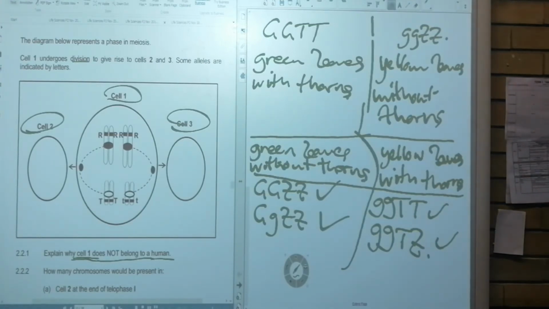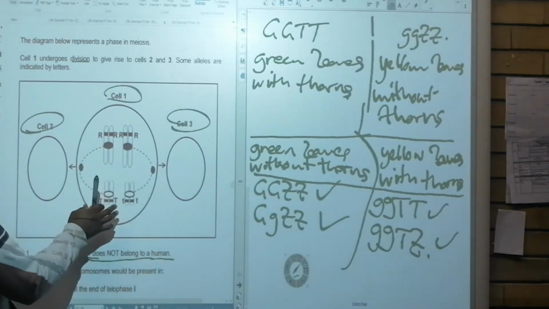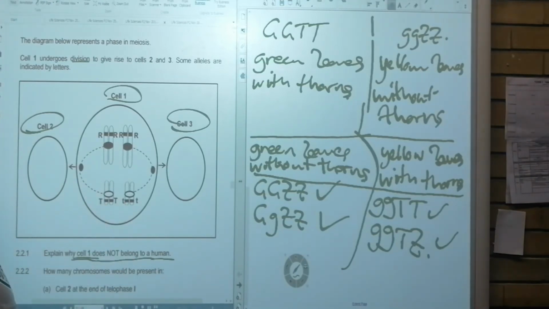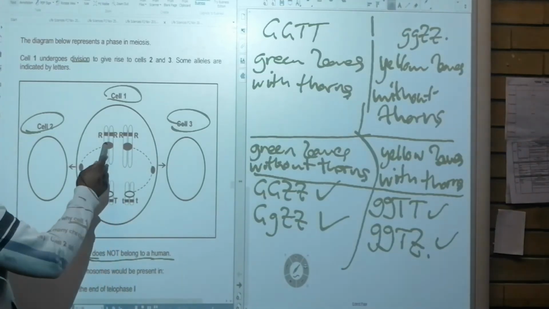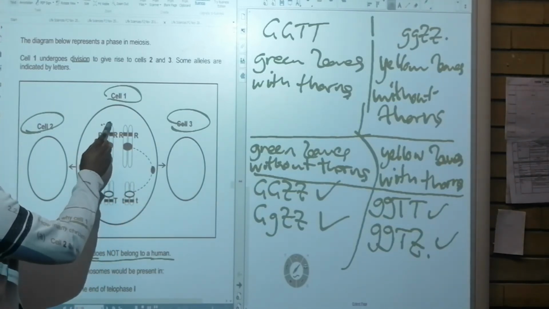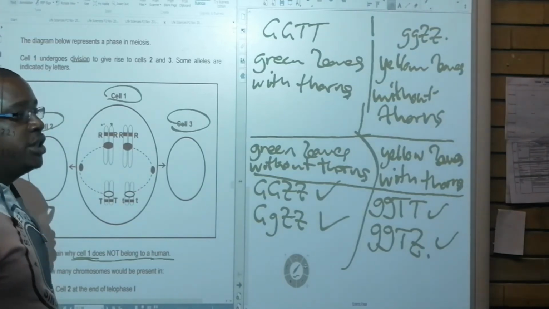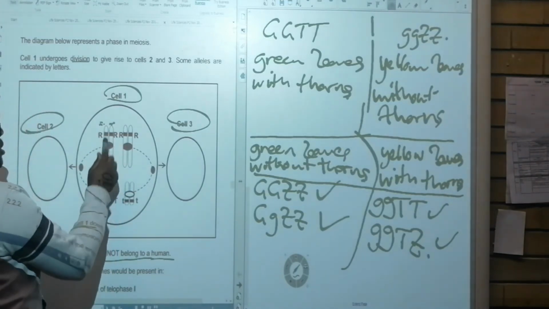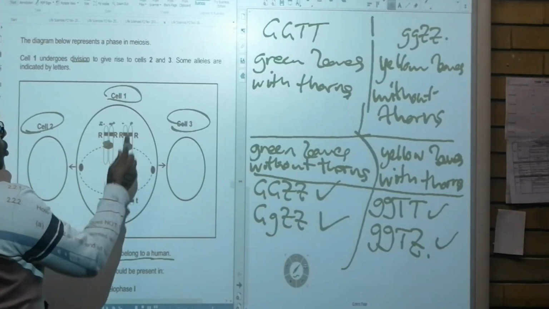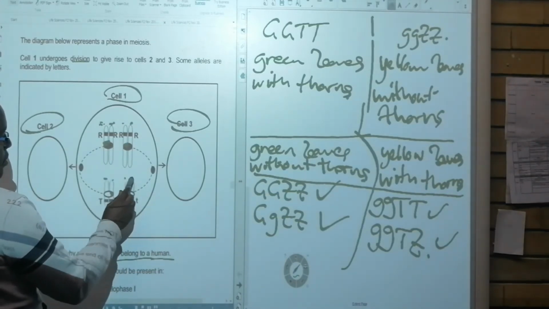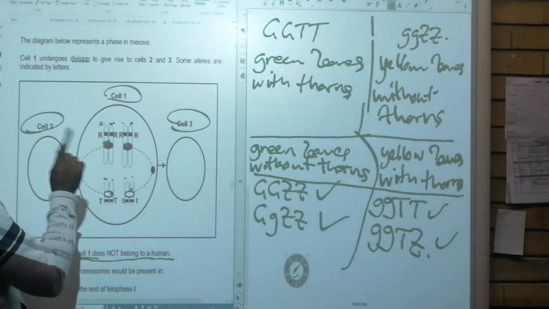How many chromosomes do we have in cell 1? By the way, this is meiosis. How do we know that it is meiosis? Because each chromosome consists of two identical units called sister chromatids due to what? DNA replication, and these two chromatids are joined together at the centromere. So we know that this is meiosis.